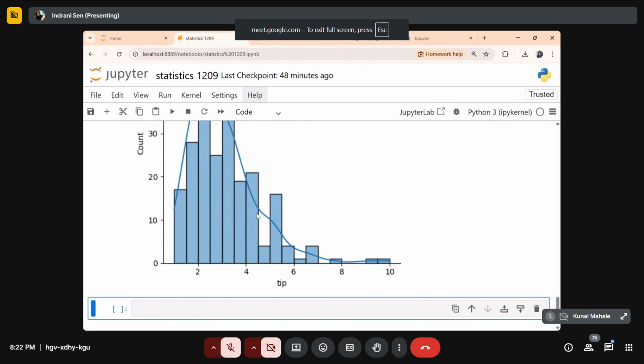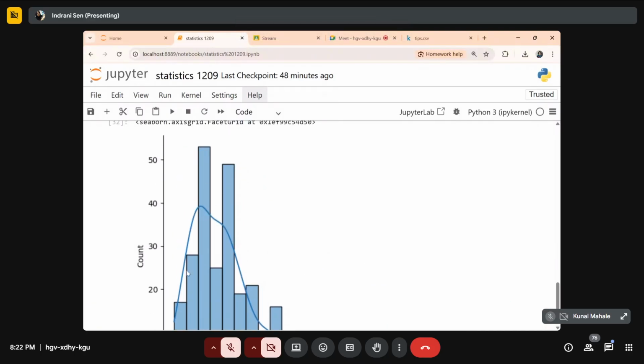The histogram shows that this is a continuous numeric variable, because there are no gaps in between.